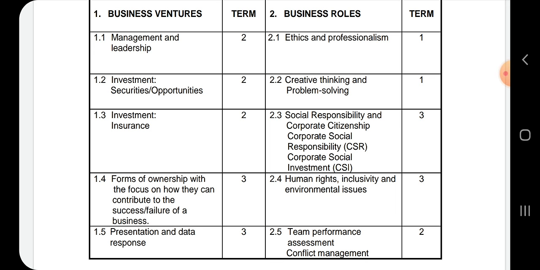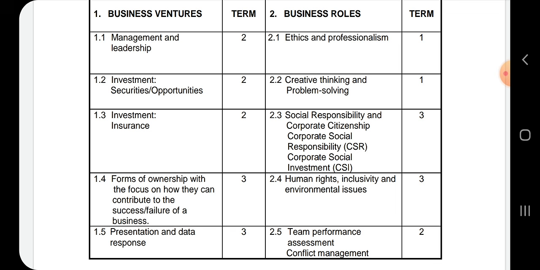So guys, either you know all the essay topics in business ventures, or you know all the topics in business roles for paper 2. If you can't know the essay for every topic, make sure you master either business ventures or business roles. All of the topics in business ventures, you should know their essays. Or all the topics in business roles, you should know their essays, so that you can write an essay that appears.